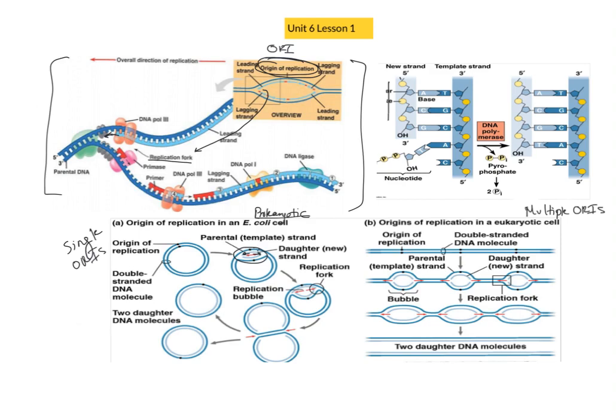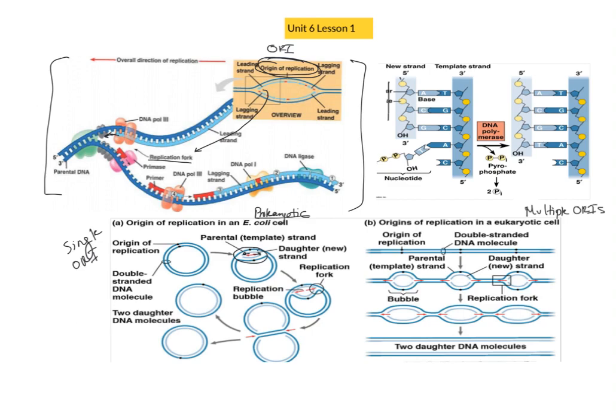Now, I also mentioned at this point that a key part of DNA replication has to do with directionality. This is the key reason why the leading strand and the lagging strand have to be synthesized differently.